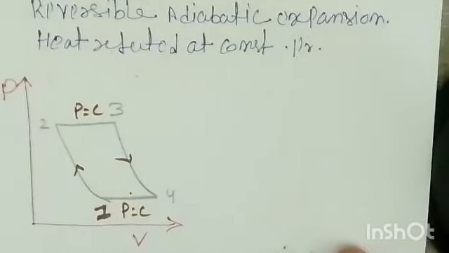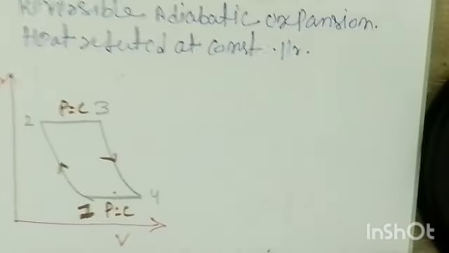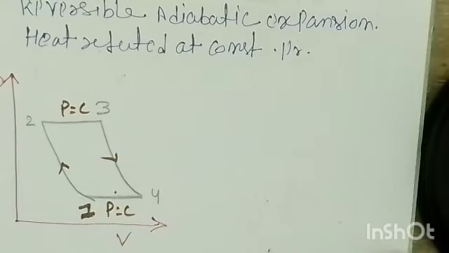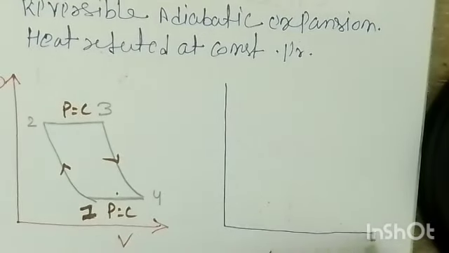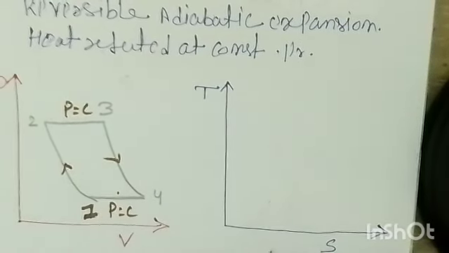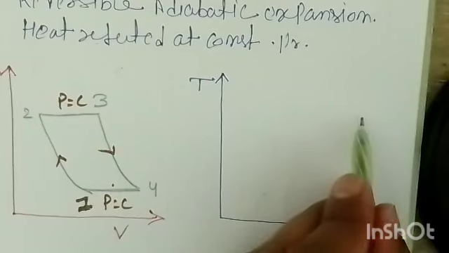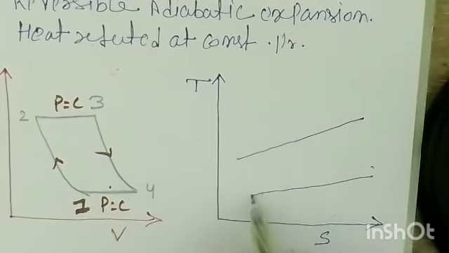Now if I see this Brayton cycle on the TS diagram, that is the temperature versus entropy diagram, it is the same as what we just drew. Again I'll show you that this is temperature and this is entropy. Two pressure lines we have to draw: this is the high pressure line and this is the low pressure line.